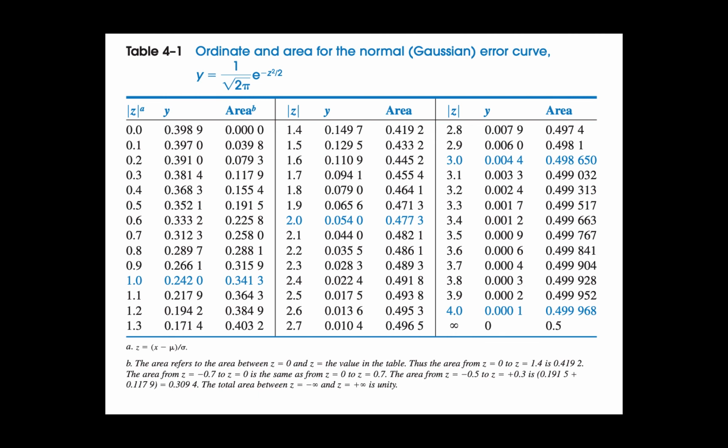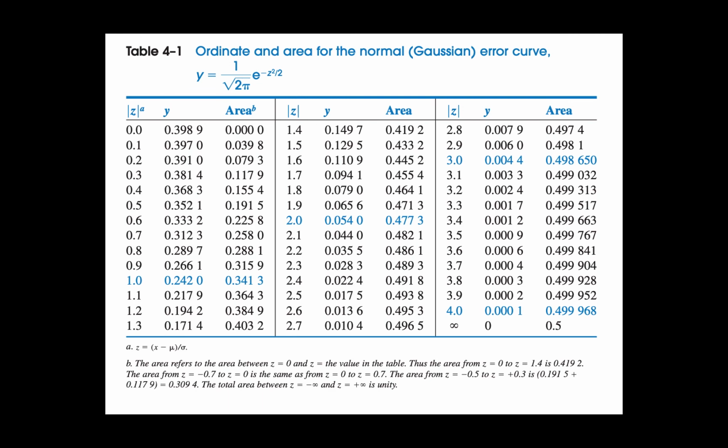And the area right there is 0.3413. So in figure 4.3, that means that plus or minus 1 standard deviation contains 2 times 0.3413 times 100%, which is 68.26% of the curve.